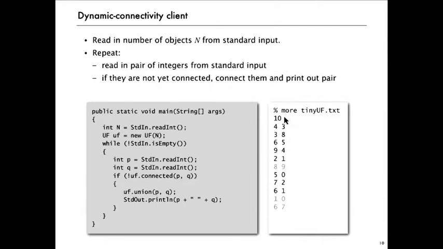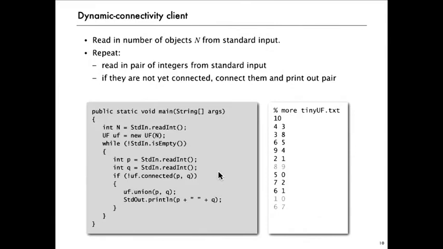First, an integer, which is the number of objects that are going to be processed, and then a series of pairs of object names. What the client does is first read the integer from standard input and create a UF object. And then as long as standard input is not empty, it's going to read 2 integers from the input. If they're not connected, then it'll connect them and print them out. If they are connected, it'll ignore them.